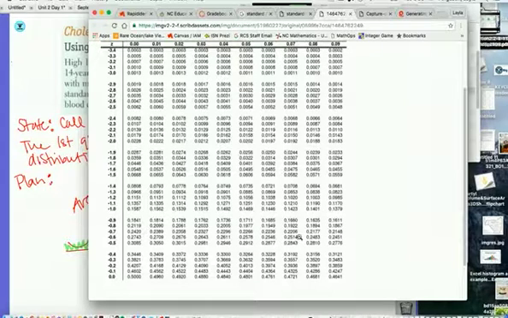Actually, it might be better at negative 0.7. Yeah, that's better. So at negative 0.67, we've got 0.254.